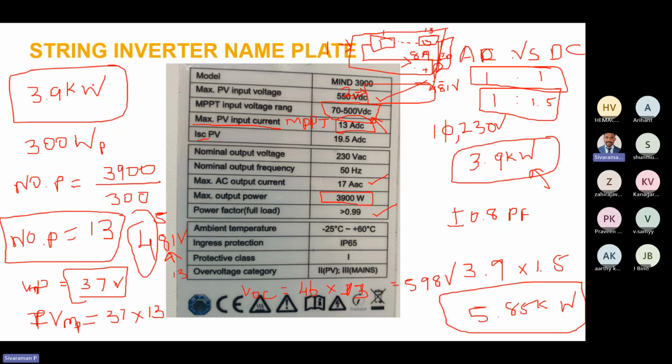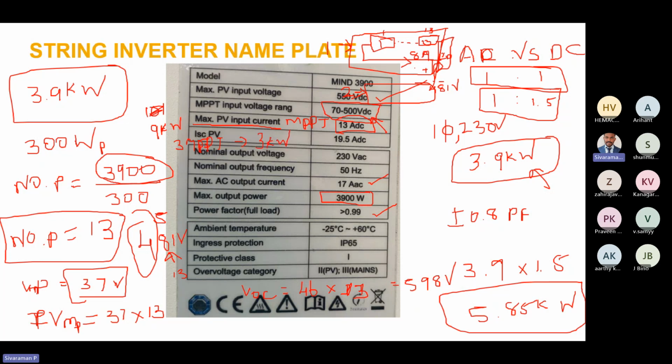Here the plant capacity is 3.9 kilowatt, so for the number of panels we have considered 3.9. Suppose it is a 10 kilowatt inverter; for simplicity, assume a 9 kilowatt inverter. It has 3 MPPTs, which means each MPPT rating is 3 kilowatt.